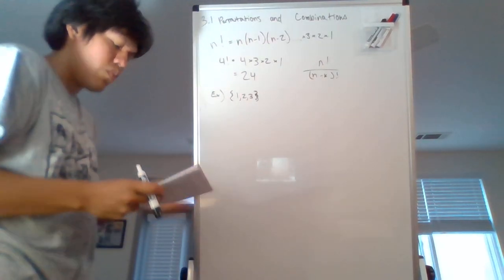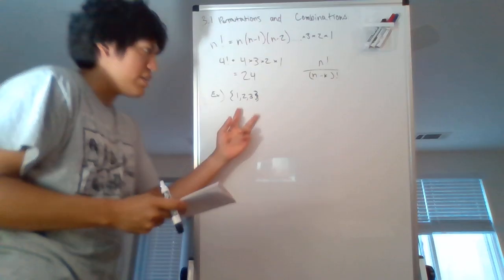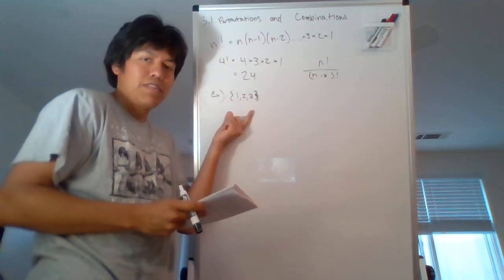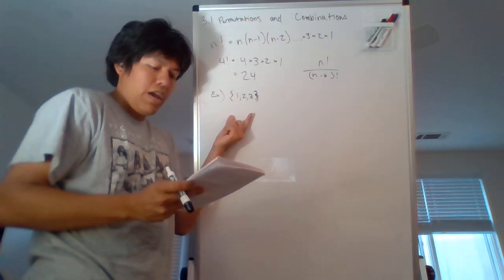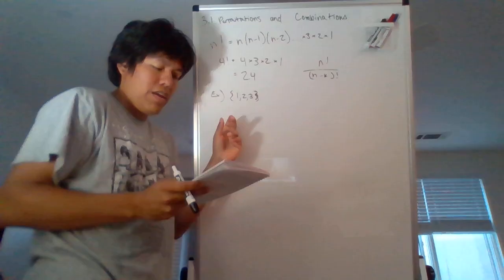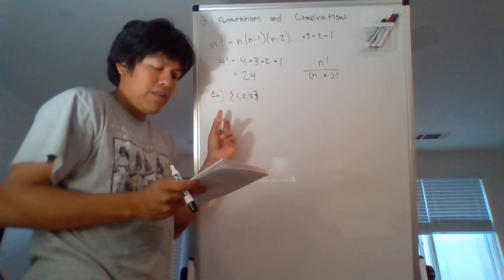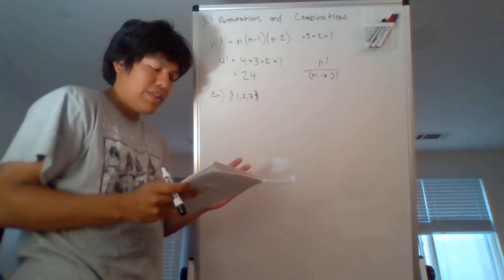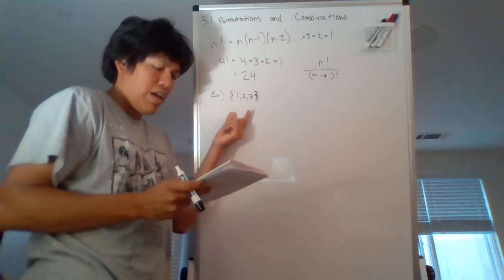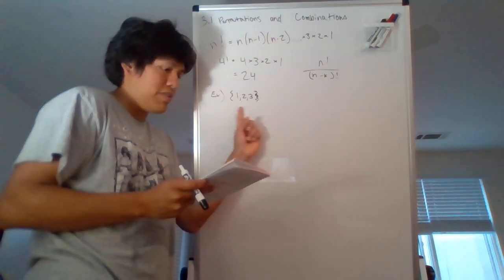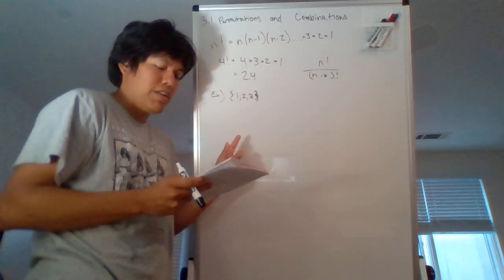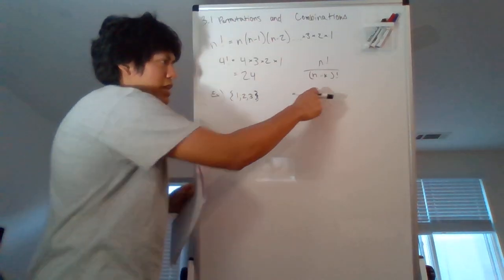Now, we're asked to take 2 of these elements from this set of 3, and we can order them. Let me go back. So we're choosing a subset of 2 items from a total number of 3 items, then the total number of ways of choosing an ordered subset of 2 is this right here.